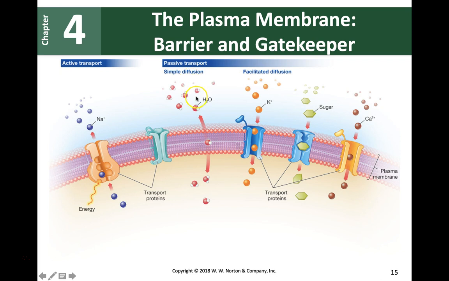Simple diffusion means a molecule like water or CO2 or O2, very small tiny molecules, can just pass through the membrane. Now, you might be thinking water is actually a polar molecule and our lipid here is non-polar, so things should not be able to pass through the membrane, but water is so small that it passes through.